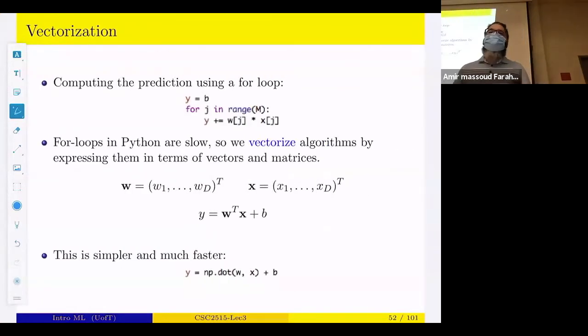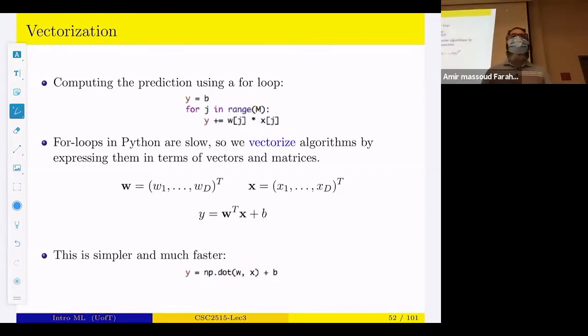Another point that I want to mention is we already talked about vectorization. It makes the notation much simpler and nicer to write everything in the form of matrices and vectors, but also computationally, for languages like Python, it would be much faster if you write things in a vectorized form. If you write with C or Fortran, it doesn't matter.